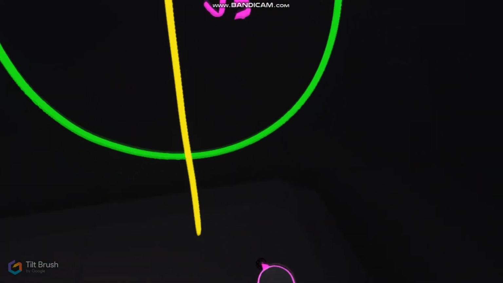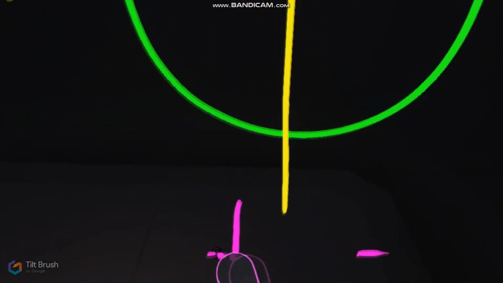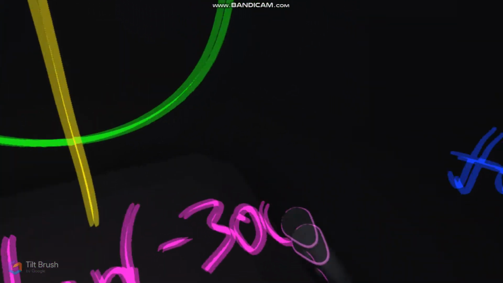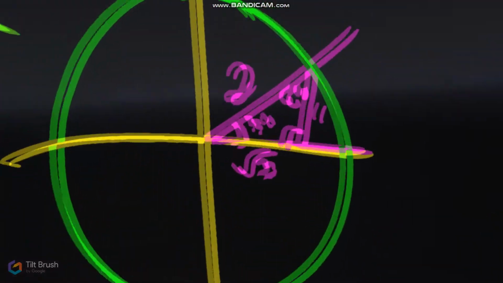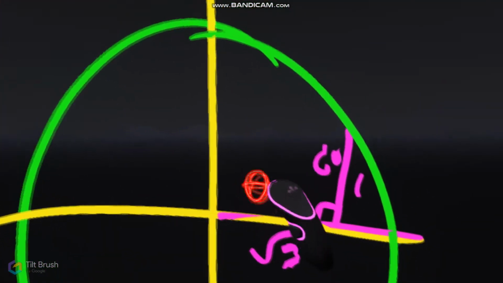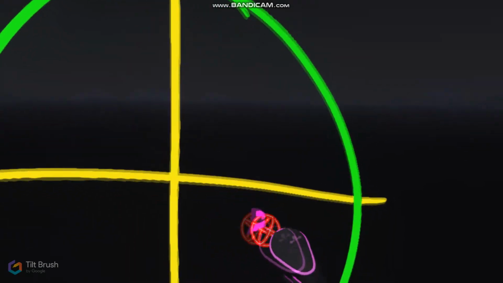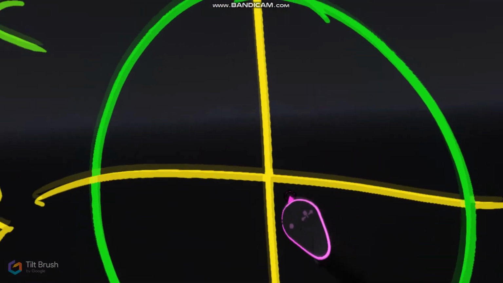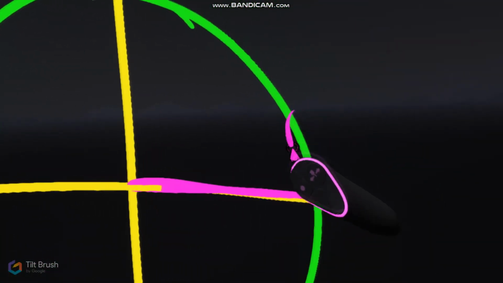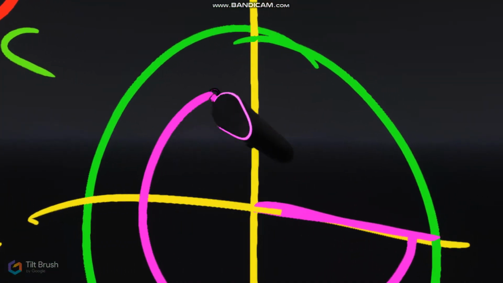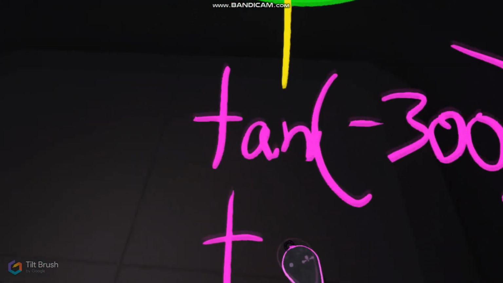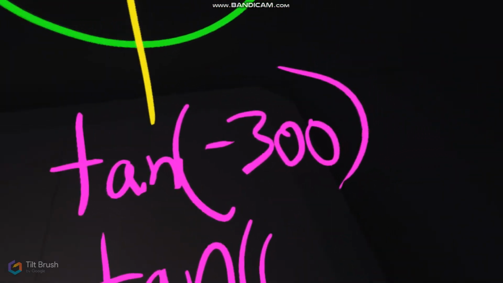If you have a negative degree, so if you have the tangent of negative 300, if we just look at a circle, if you go negative 300, you're starting here, and you end up around here. That is the same as the tangent of 60.